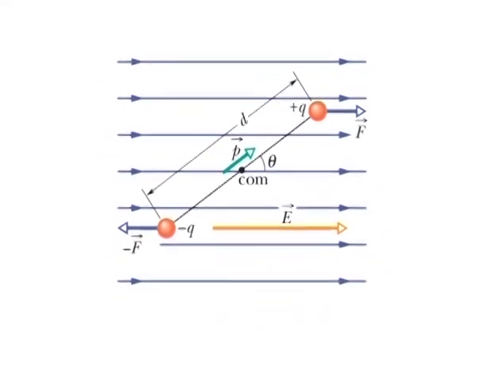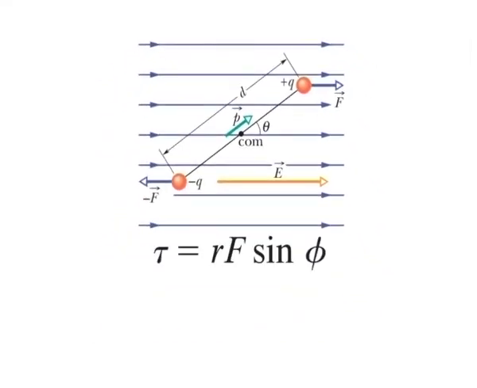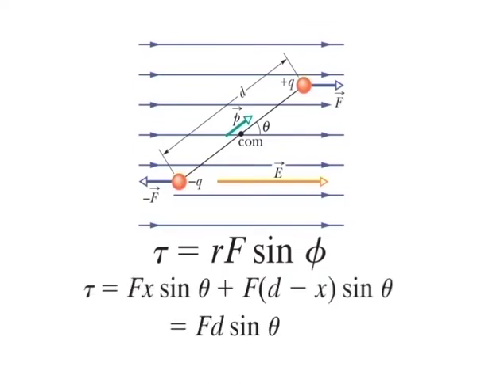From the equation of net torque, that is tau is equal to r F sin theta, we can write the magnitude of the net torque as tau is equal to F x sin theta plus F (d minus x) sin theta, which is equal to F d sin theta. We can also write the magnitude of net torque in terms of the magnitudes of the electric field E and the dipole moment p, which is equal to q d.